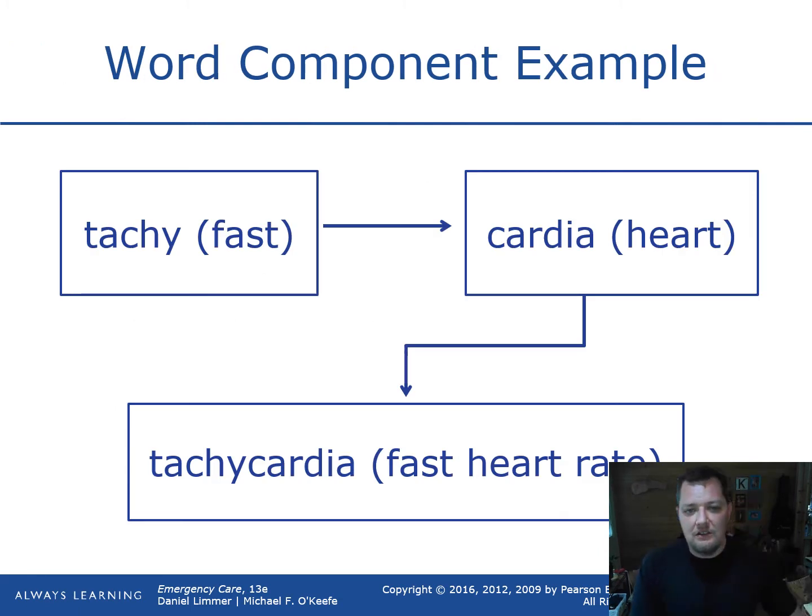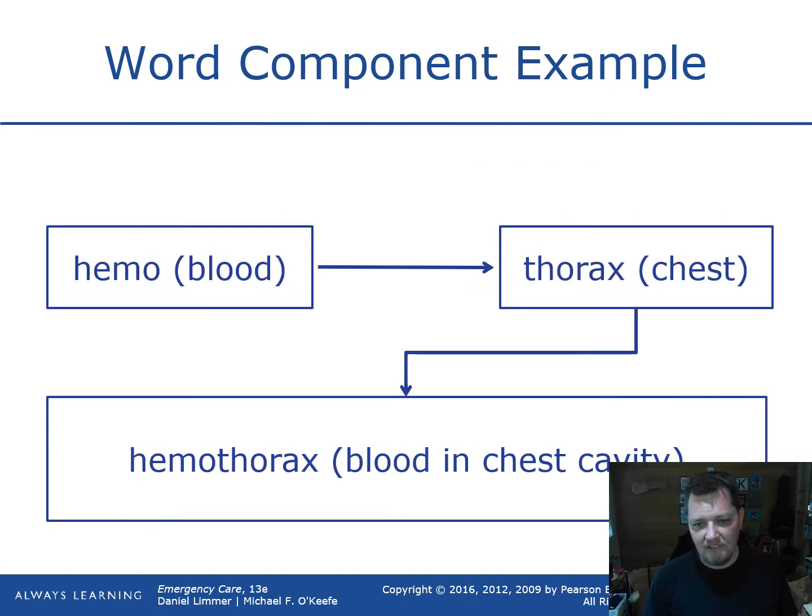All right. So let's do word component examples. We've got tachy, which is fast, and cardia, which is heart. We put those two words together, and we get tachycardia, and that's a fast heart rate. Hemo is blood, thorax is chest. Hemothorax is blood in the chest cavity.